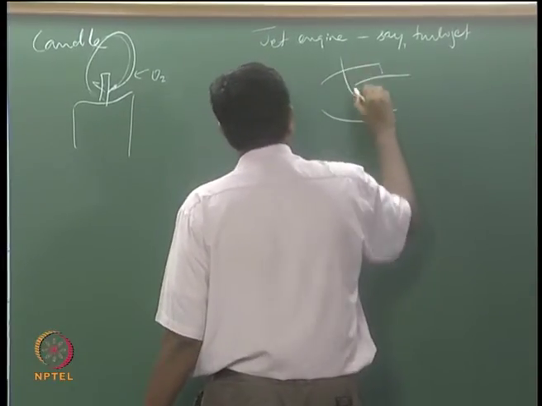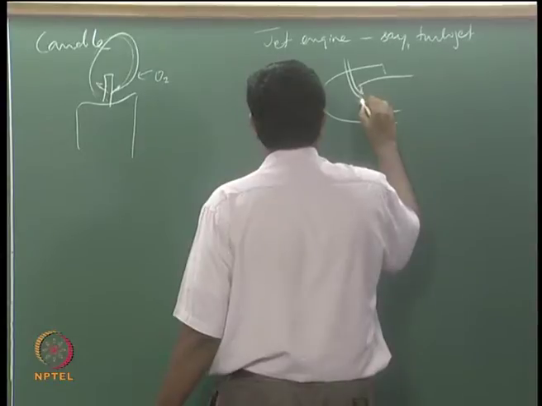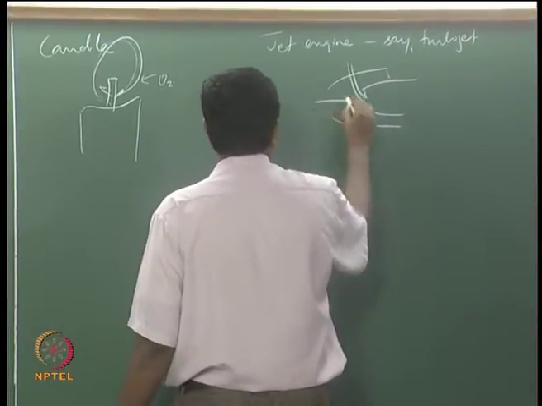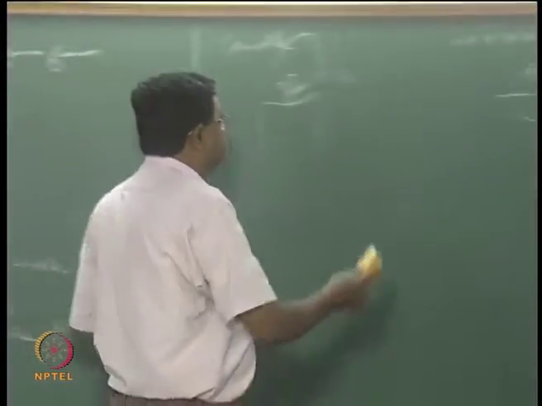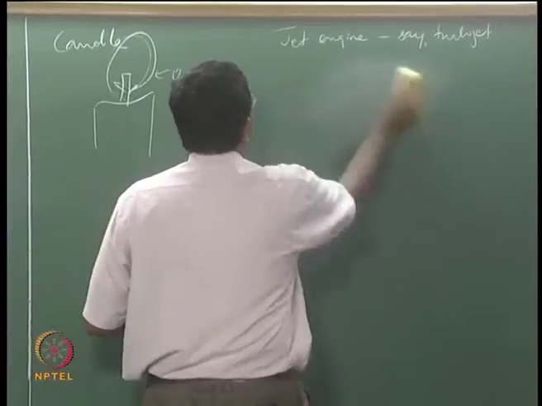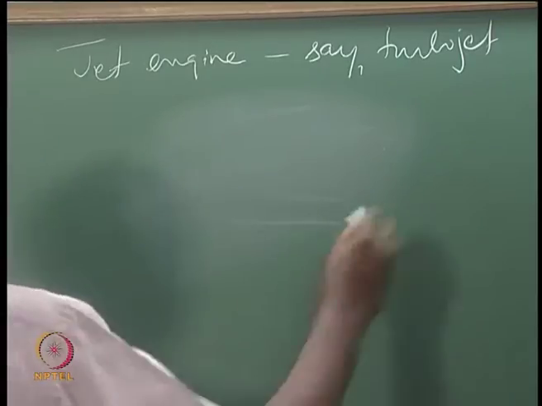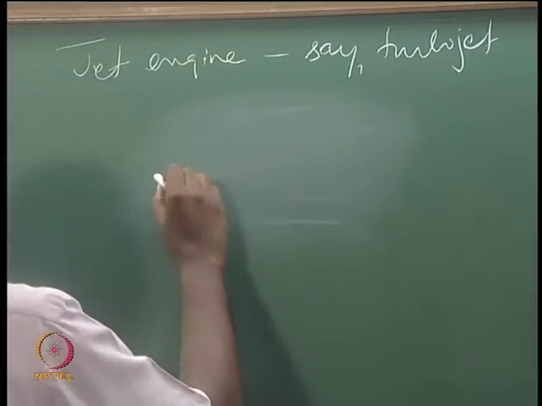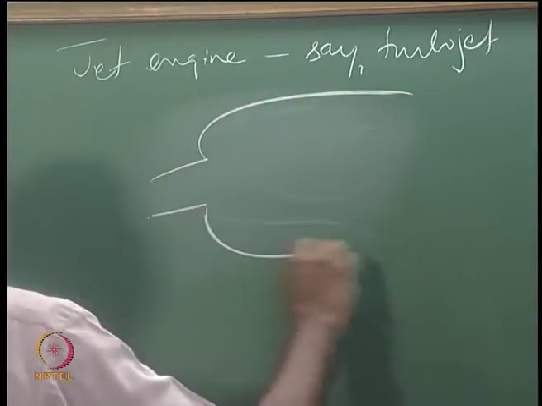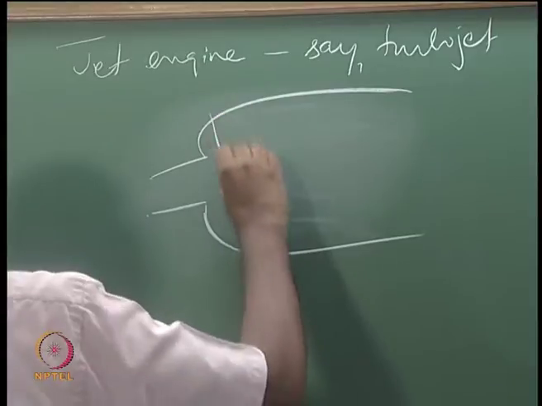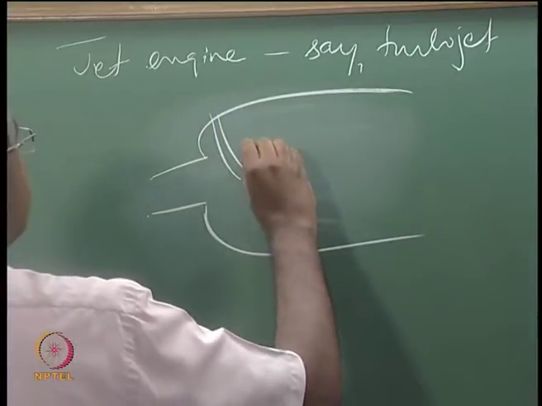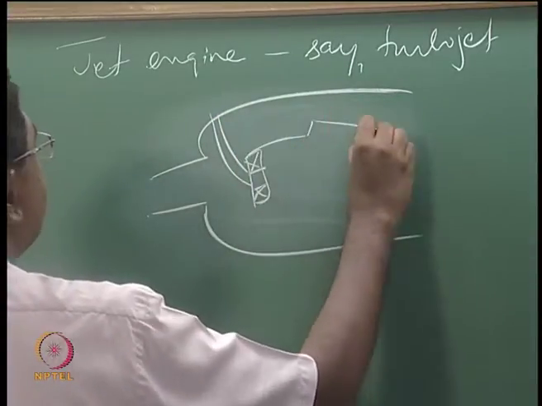So you have a fuel injection and then a swirler over there, and then you have a flow that's coming out. I made a mistake. Let me just redo this. So let us say, I had a swirler box into which, and they have an atomizer.